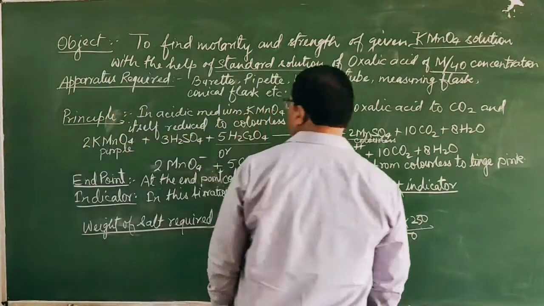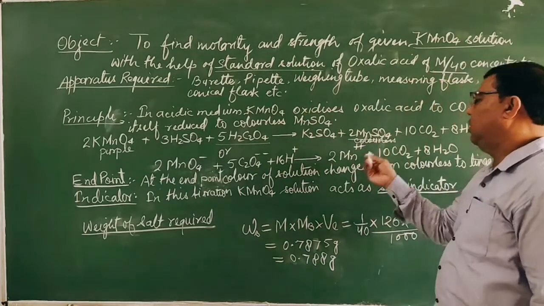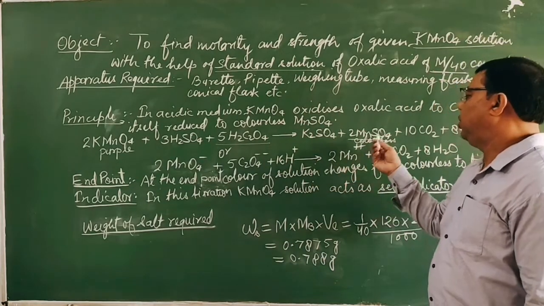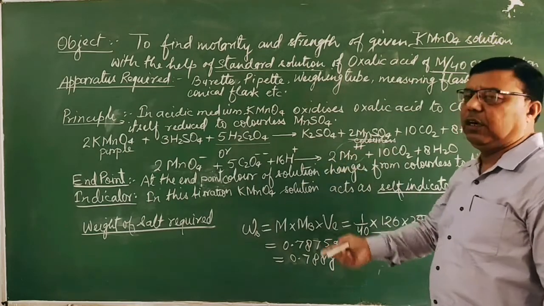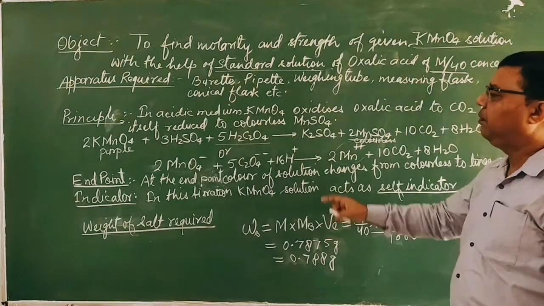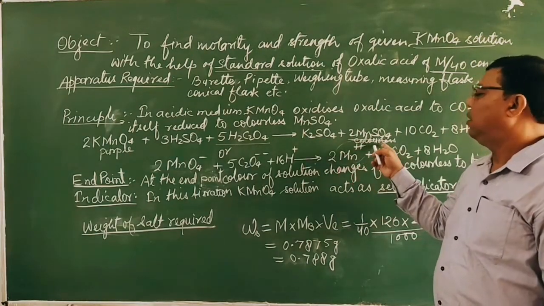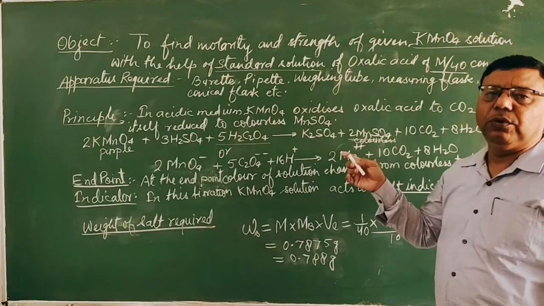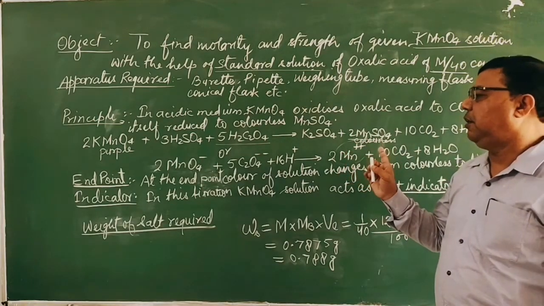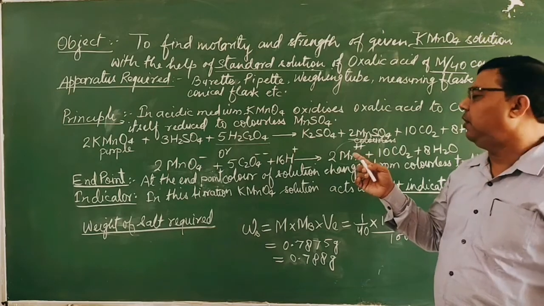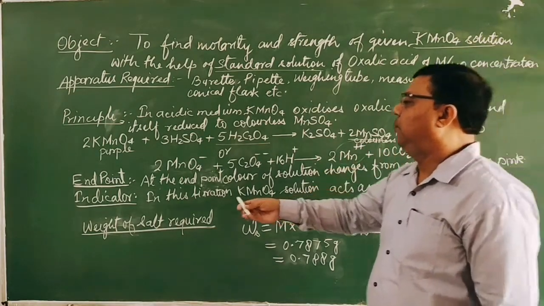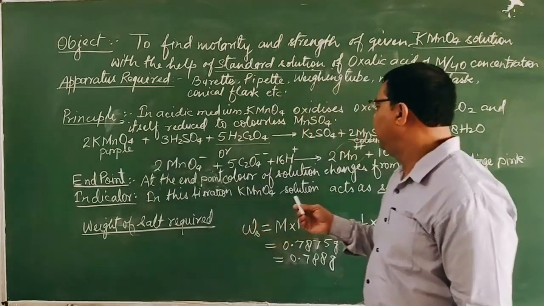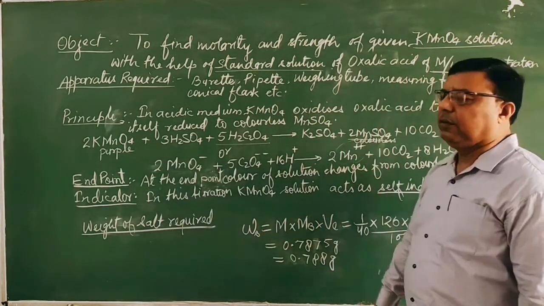So this is the molecular reaction and this is the ionic reaction. Actually the colorless species is the Mn++ ion. So the color of the solution changes from purple to colorless until the completion of the reaction. That is, while the reaction is going on, the color of KMnO4 continuously changes from purple to colorless.